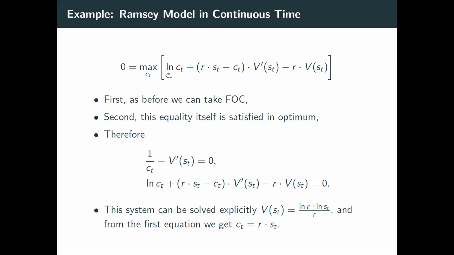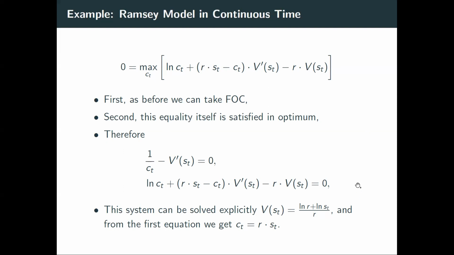When we take them, we get this, because here it's 1 over CT and here it's minus V prime. And also the Bellman equation itself, because we need to find exactly the optimal CTs. Therefore, we can write that when CT is exactly optimal, this equation is satisfied.